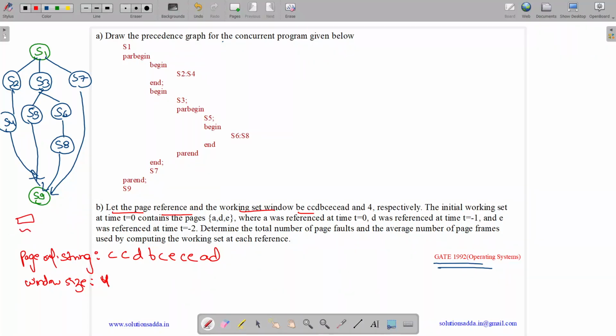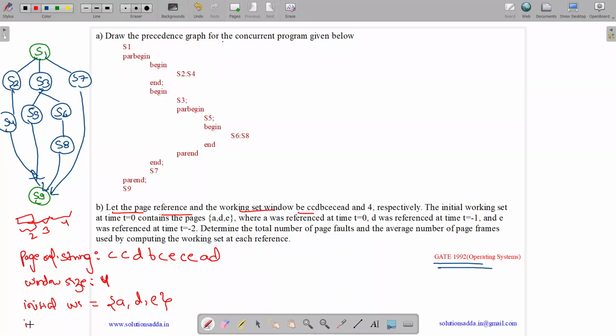Sometimes a process may need only 2 frames, sometimes 3 frames, sometimes 4 frames. So at max we can give 4, but when there is no need we can also give fewer frames. The initial working set at time t equal to 0 has the pages A, D and E. So the initial working set is ADE, which means initially only A, D and E, 3 frames, are present.